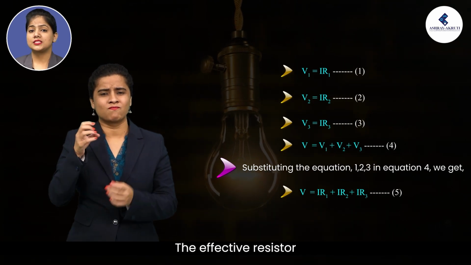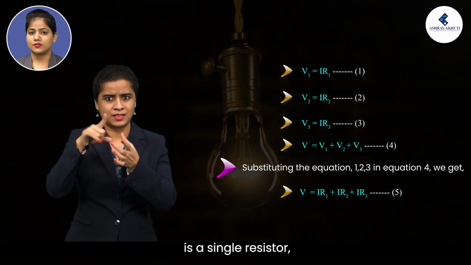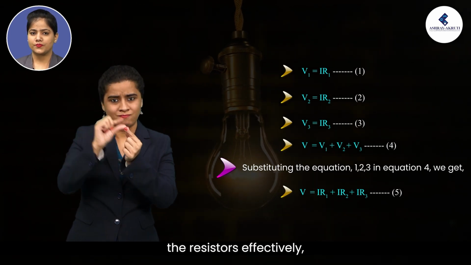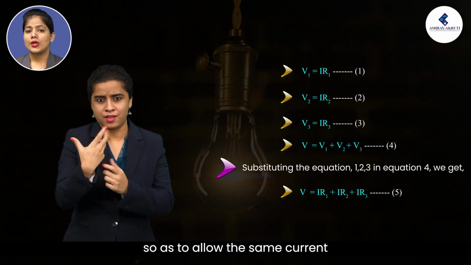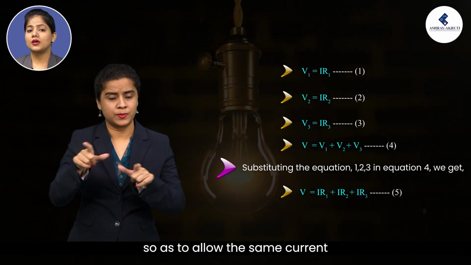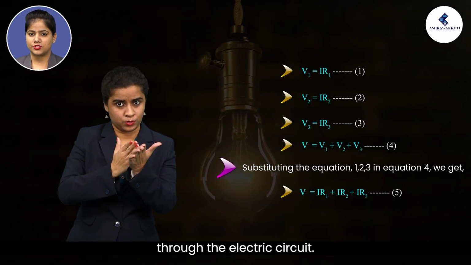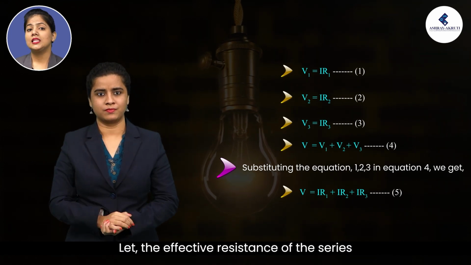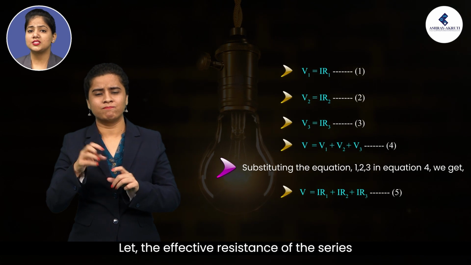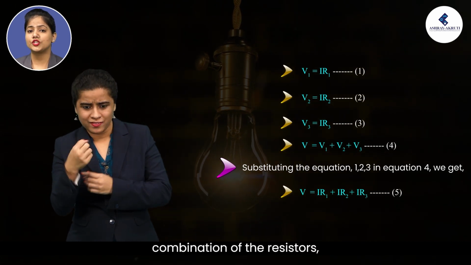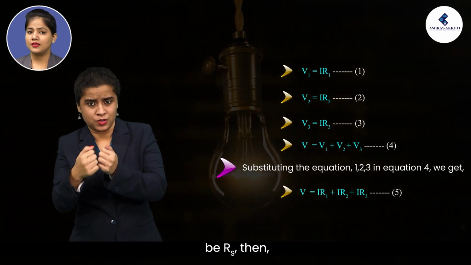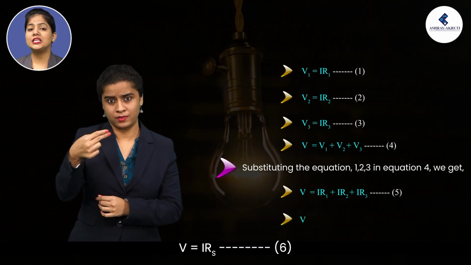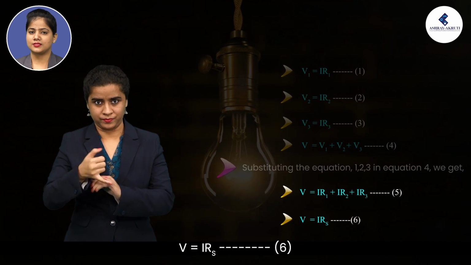The effective resistor is a single resistor which can replace the resistors effectively, so as to allow the same current through the electric circuit. Let the effective resistance of the series combination of the resistors be Rs, then V is equal to IRs.